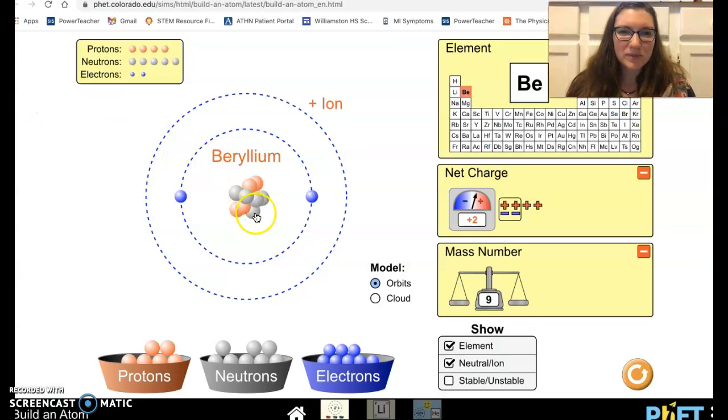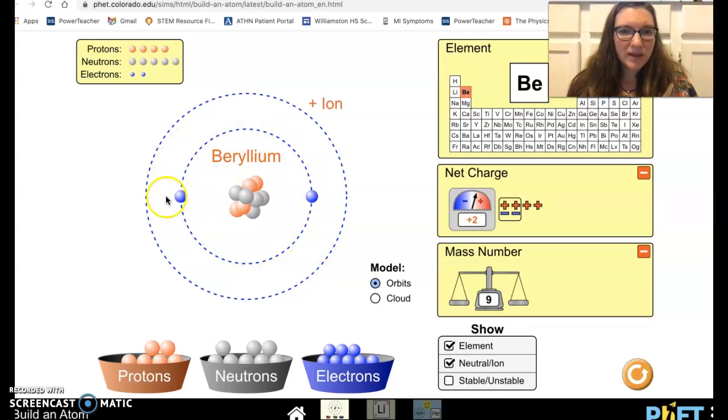So we saw that this beryllium atom has 4 protons and 5 neutrons to give it a mass number of 9. And it had a +2 charge, which means that if it was neutral, it would have the same number of electrons as protons, which would be 4. But, as you guys know from this test, atoms prefer to have a full energy shell more than they prefer to be neutral.